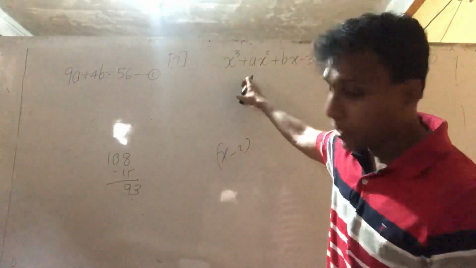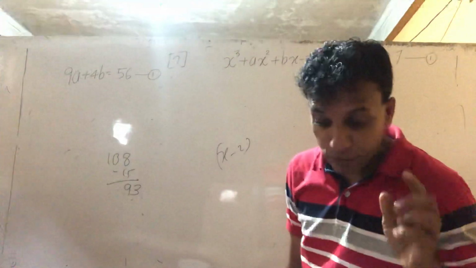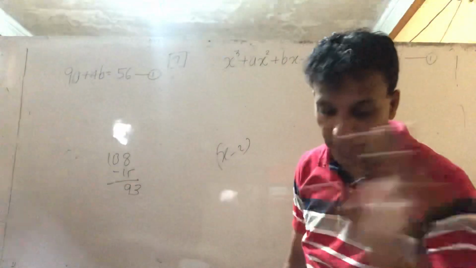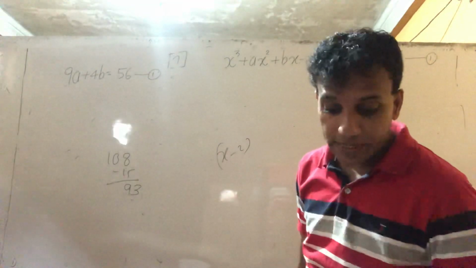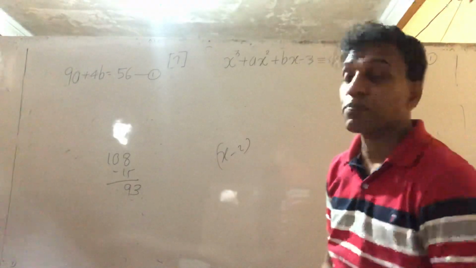Question number 7: the expression x cubed plus ax square plus bx minus 3 leaves a remainder 7 when divided by x minus 2. That is one data. Also they said it leaves a remainder minus 20 when divided by x plus 1.